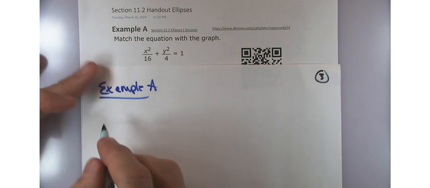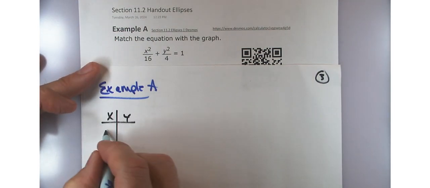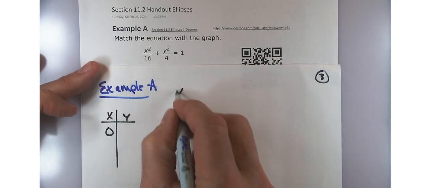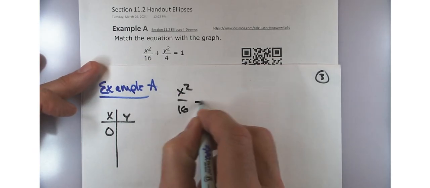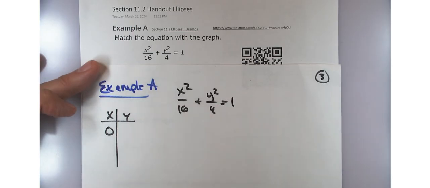So I'll make myself a little t-table here, x and y. I'm going to set x equal to 0. I've got this equation, x squared over 16 plus y squared over 4 equals 1. This is a standard form that you're going to want to have your equations in when you're working with ellipses or, in the next section, hyperbolas.